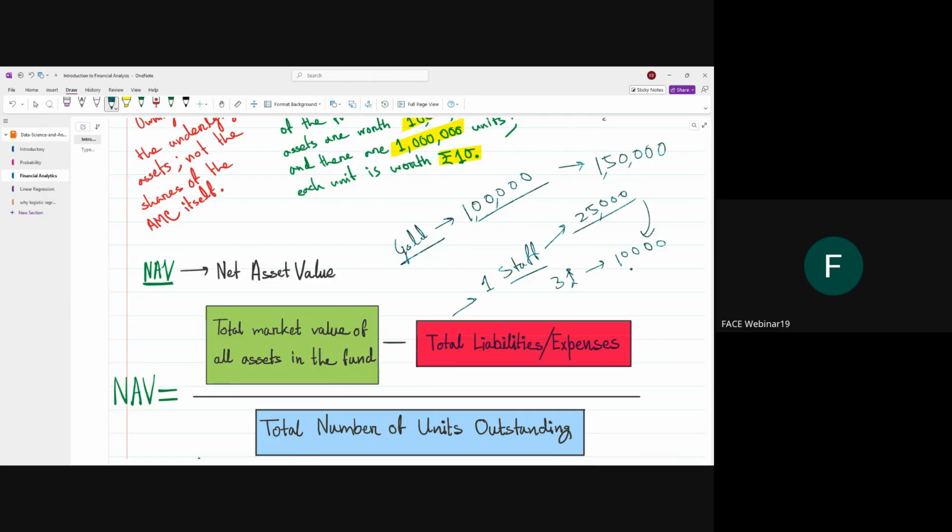In total, they are paying 1 lakh as salary. So 1 lakh 50,000 minus 1 lakh. This is your difference, 50,000, divided by the total number of units outstanding. Maybe that is say 70 or something. So your NAV value would be 50,000 by 70.